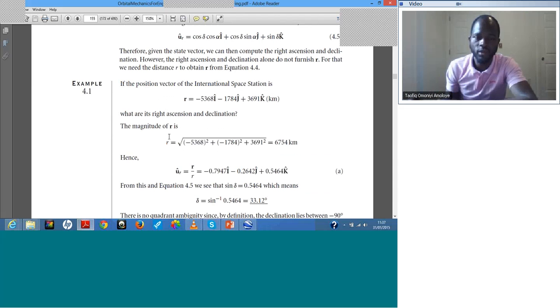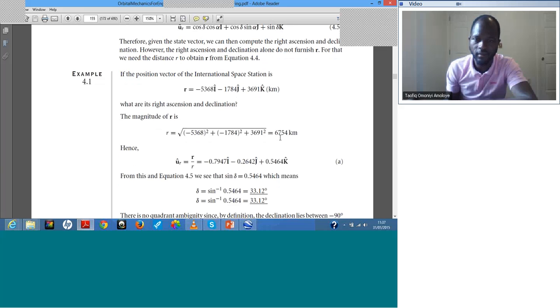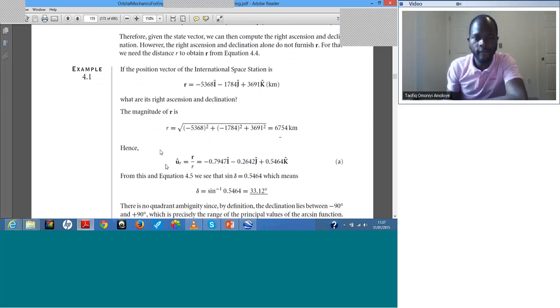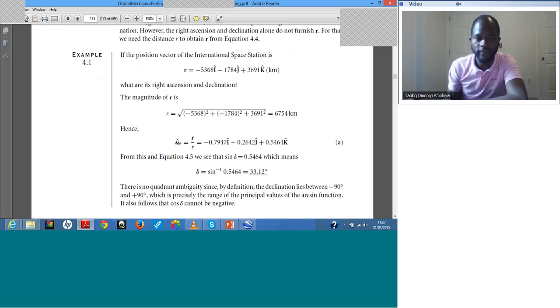So what we just have to do is find the magnitude of the position vector. So we found the magnitude, that is the distance away from the center of the Earth, and then we find the unit vector in that direction.